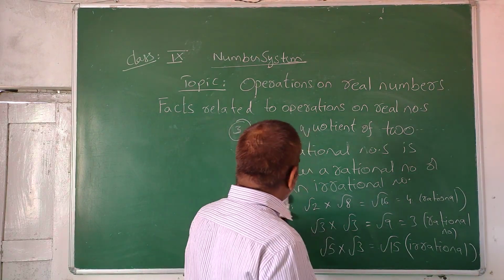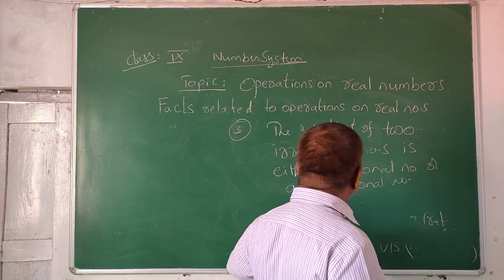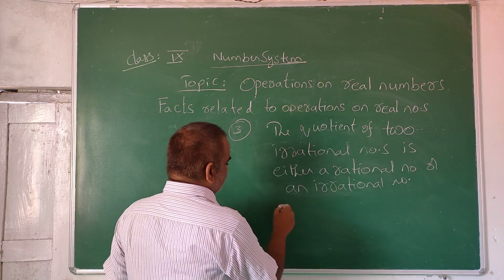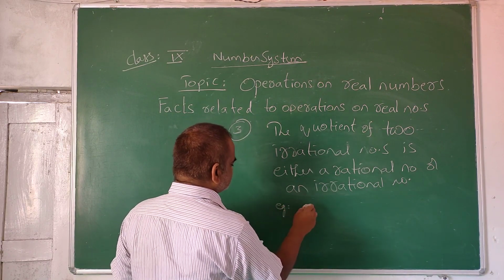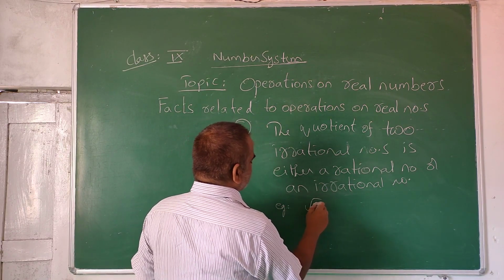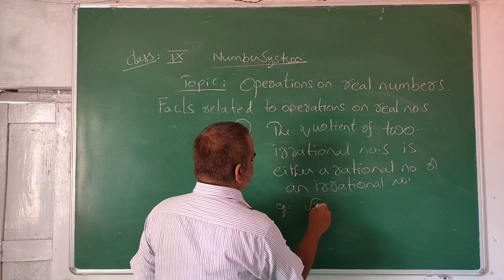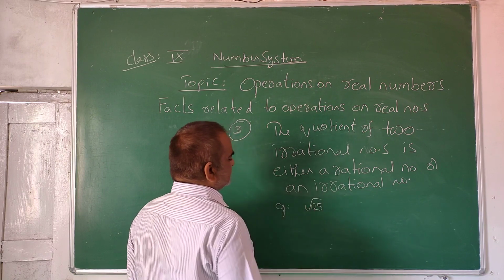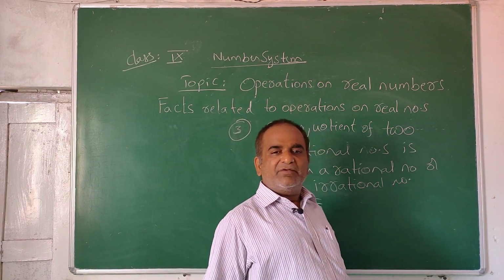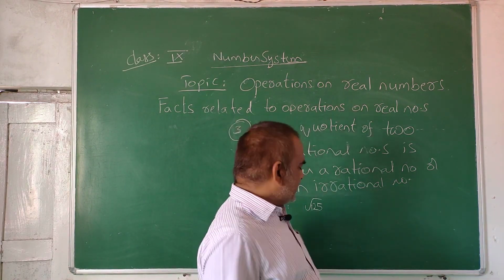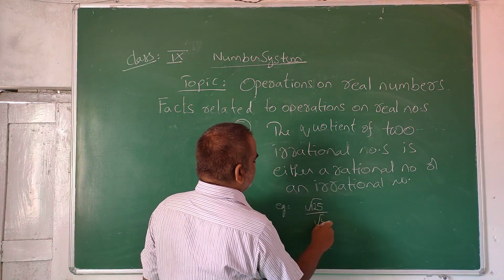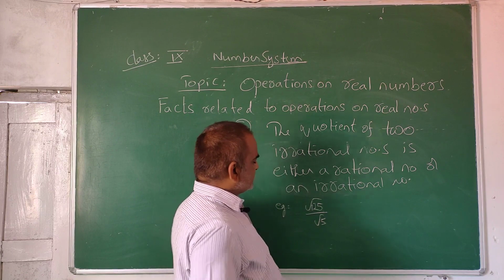So for this fact I will give some examples. You see here, for example, root 125 by root 5. Root 125 is an irrational number and root 5 is an irrational number.